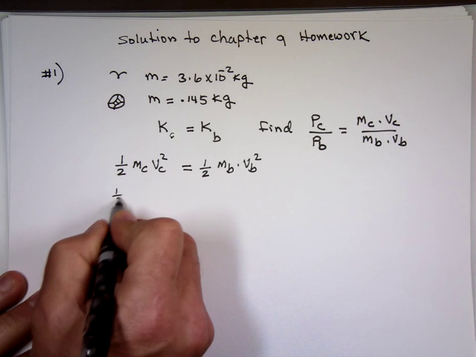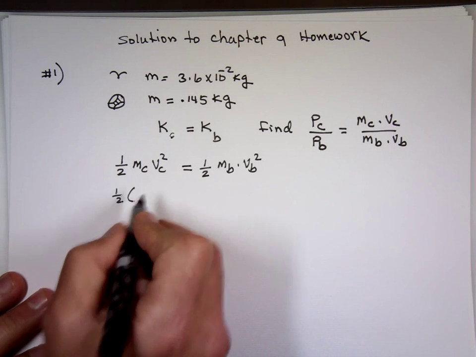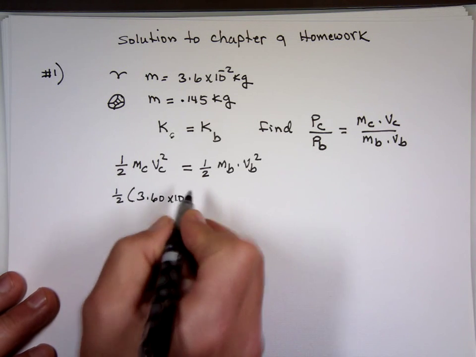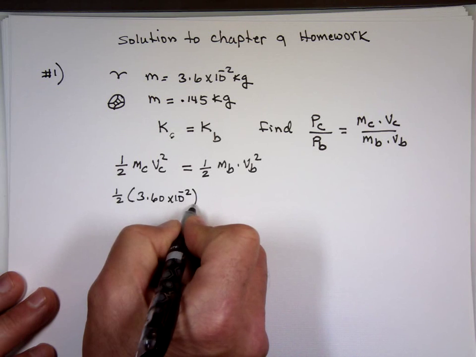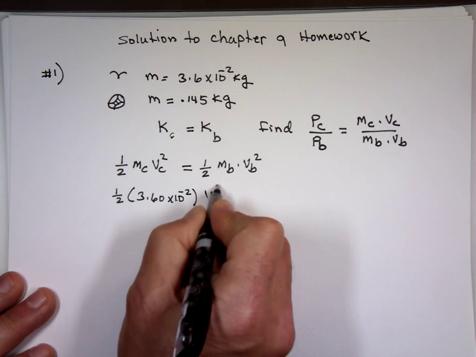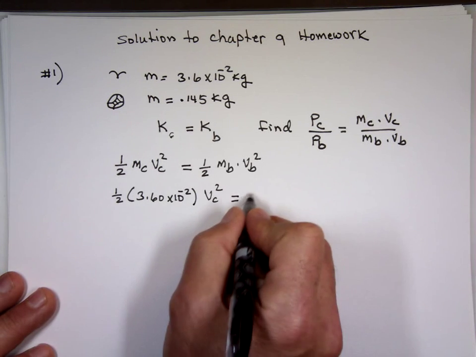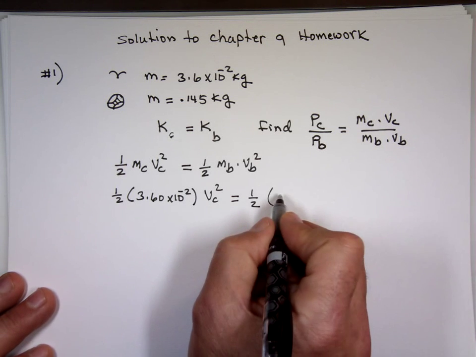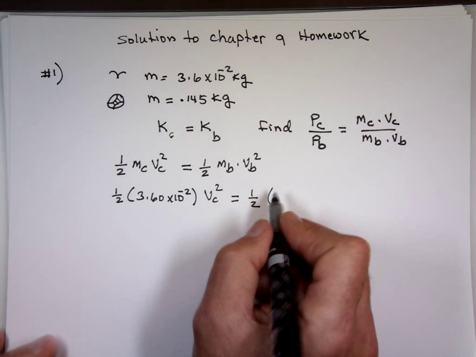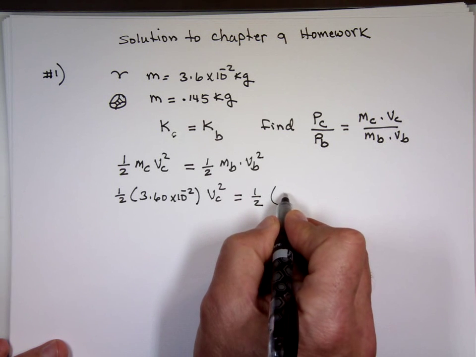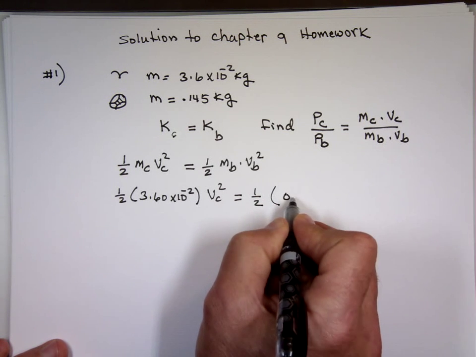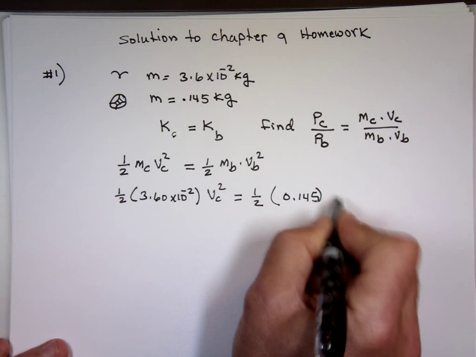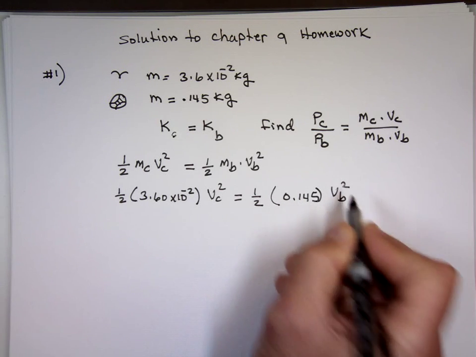So it's 1/2 the mass, 3.60 times 10 to the power of negative 2 times VC squared, equals 1/2 the mass of the baseball, which is 0.145, times the velocity of the baseball squared.